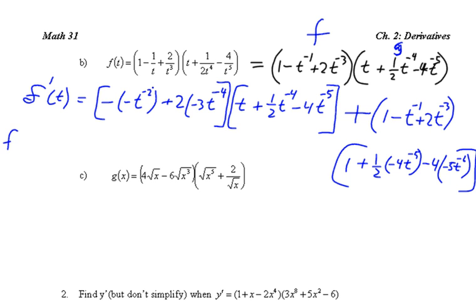All right, so f prime of t then will be, the negatives will cancel here. So you'll have 1 over t squared. And then this will multiply through, so that'll give you negative 6 over t to the 4th.